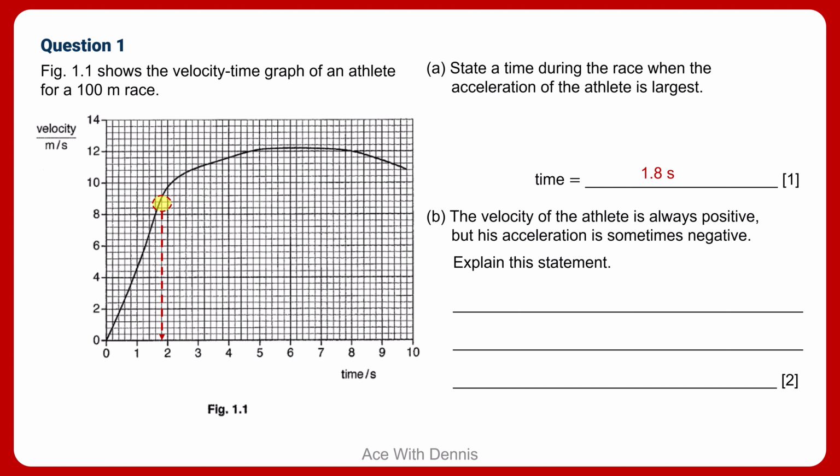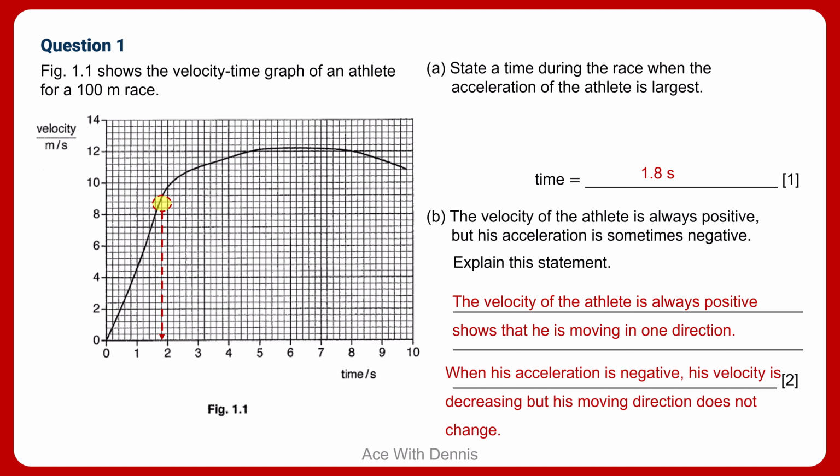So to explain the first statement, the velocity of the athlete is always positive shows that he is moving in one direction. On the other hand, if the acceleration is negative, we call it deceleration. So deceleration means the velocity decreases. So to explain the negative acceleration, we can say that when his acceleration is negative, his velocity is decreasing, but his moving direction does not change.